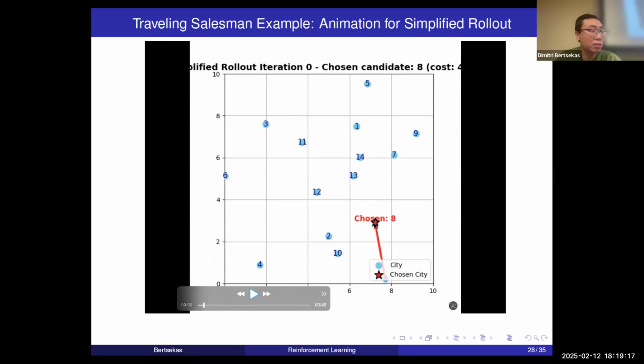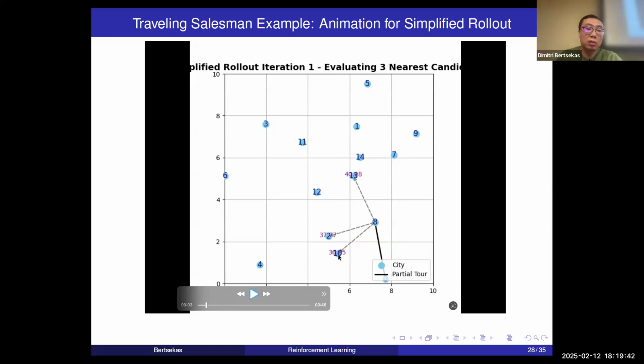And in this case, the choice is identical to the rollout algorithm. Now we move on to this stage and look at the top 3 cities nearest to city 8, run the base heuristic, and find that city 10 has the smallest Q factor.